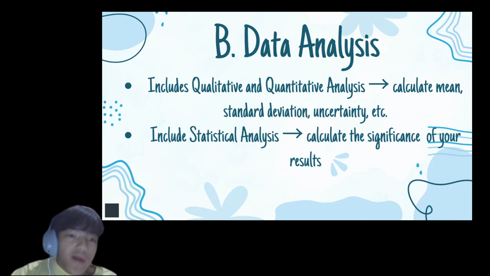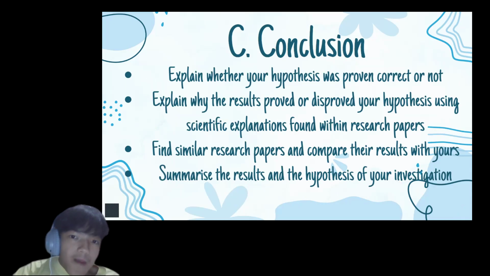And then moving on to data analysis, include both qualitative and quantitative analysis, like calculating the mean, standard deviation, uncertainty, percentage effectiveness, etc. And then also include statistical analysis here in order to calculate the significance and reliability of the results. Moving on to conclusion, explain whether your hypothesis was proven correct or not, right?